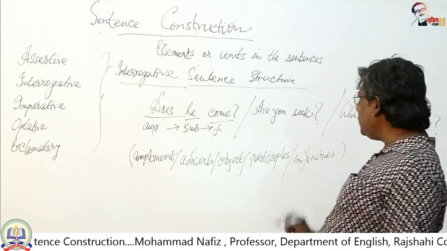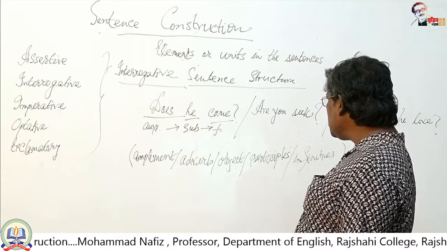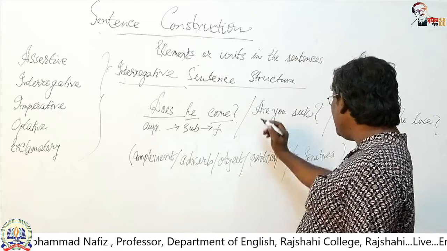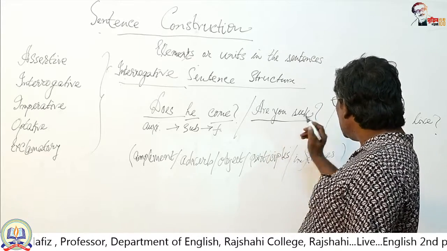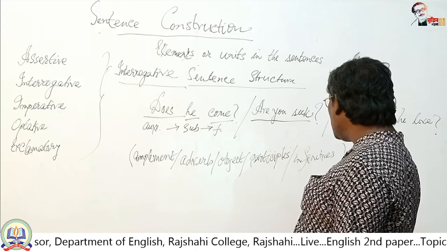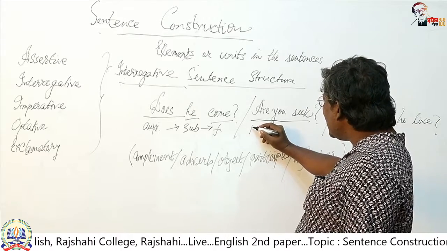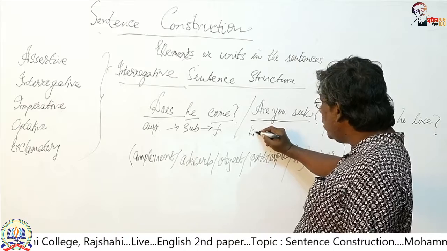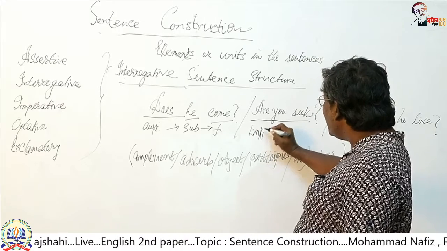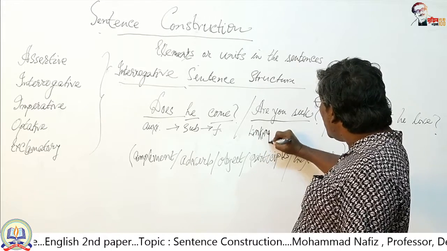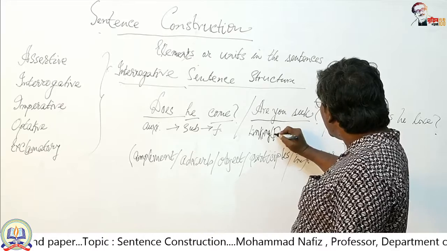When we have a sentence to know the meaning, to know the question of some query, we have the sentence as linking verb. Linking verb is a type of finite verb.